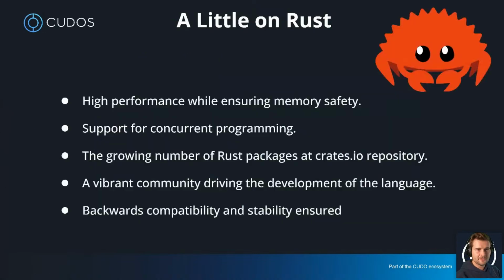So if we dig into a little more on Rust, we can see one of the most important things of Rust is our little orange friend in the corner. That is Ferris. So Ferris is a Rustacean, and he is the mascot of the Rust ecosystem. So if you ever see Ferris around, just know that you're dealing with a pretty cool programming language. So yeah, Rust has actually become my favorite programming language.